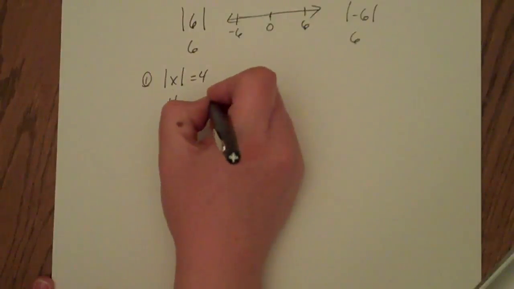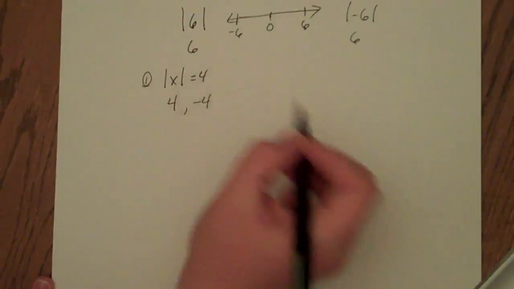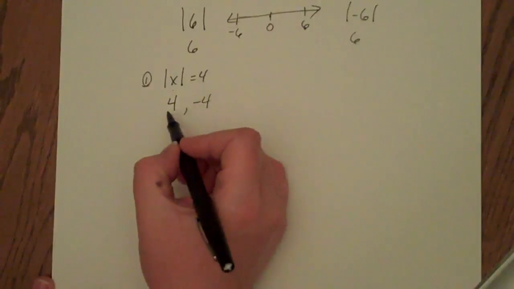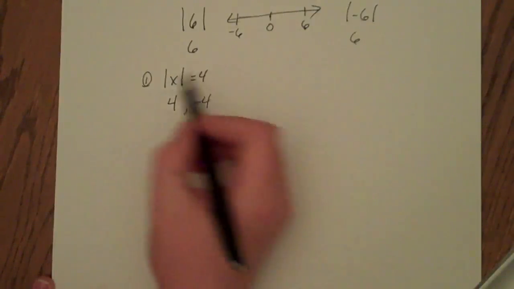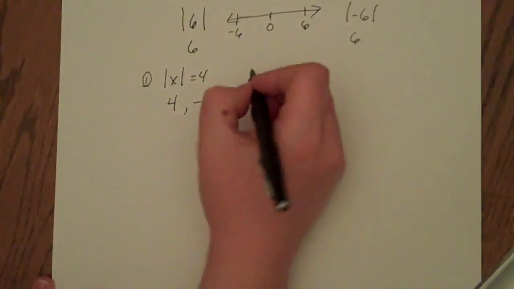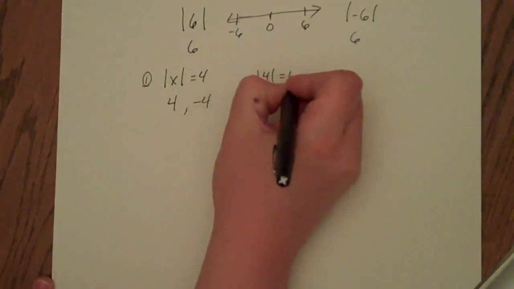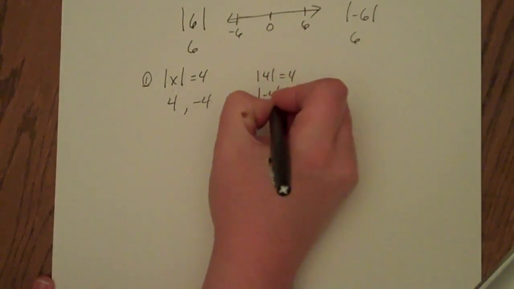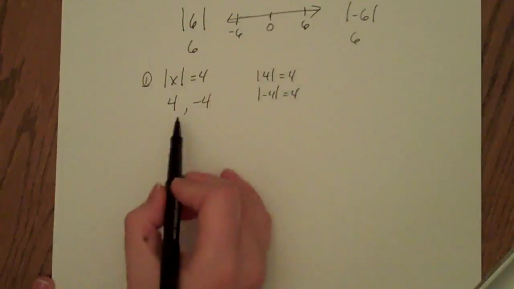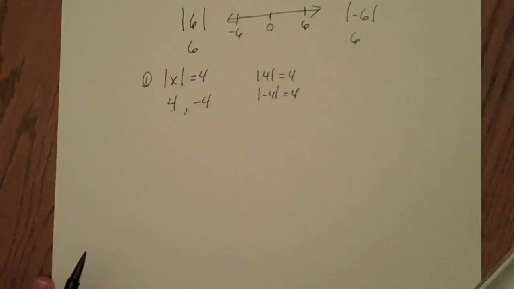Or if we took the absolute value of negative 4, it would also be 4. Think about substituting both of these numbers in for the x. The absolute value of 4 is 4. The absolute value of negative 4 is 4. So we actually have two possible answers here.